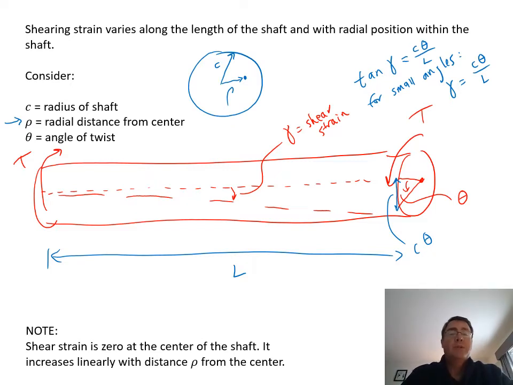So any radial position within the interior of the shaft we'll define as rho, and then we can say that we've got a shear strain at that radius, gamma rho, as rho theta over L. All right. Those are two different quantities, and they're both going to be important in just a minute. So let's continue.